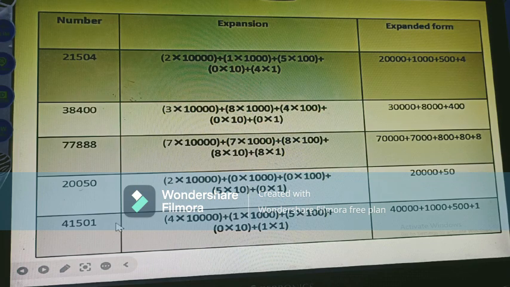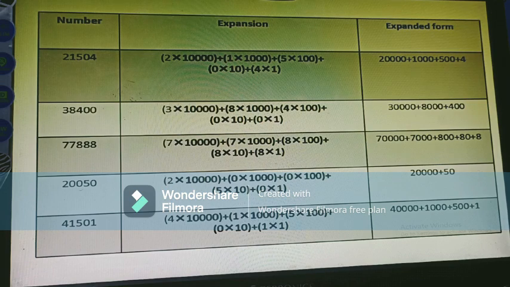So only the tens place has the 0. Remaining all places you can write in the expanded form. So first one, 4 into 10,000, 40,000; 1 into 1,000, 1,000; 5 into 100, 500. So 0 is not calculated. 1 into 1 is equal to 1.